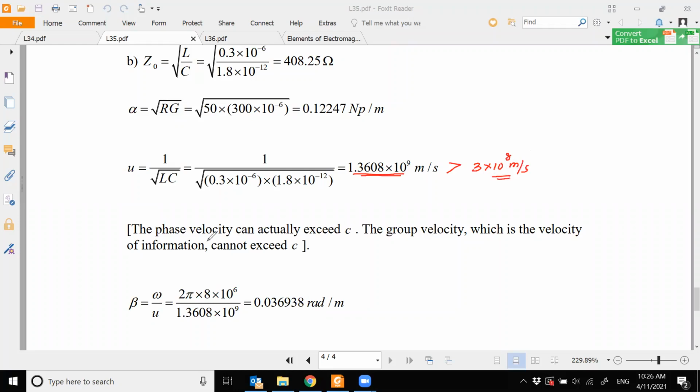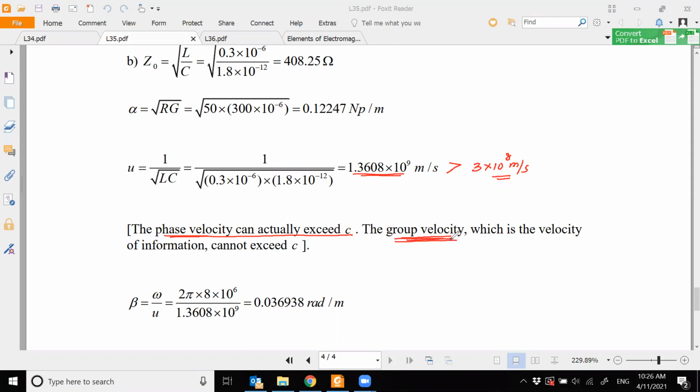This is possible. The phase velocity can exceed the velocity of light. The group velocity and the phase velocity, they are different.